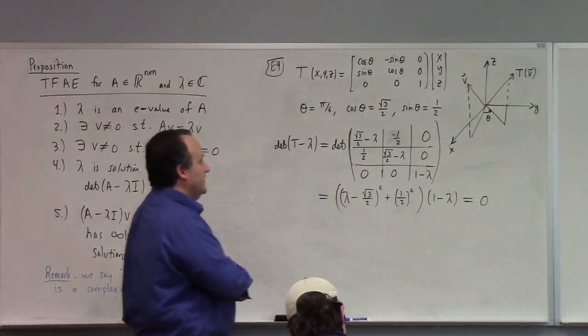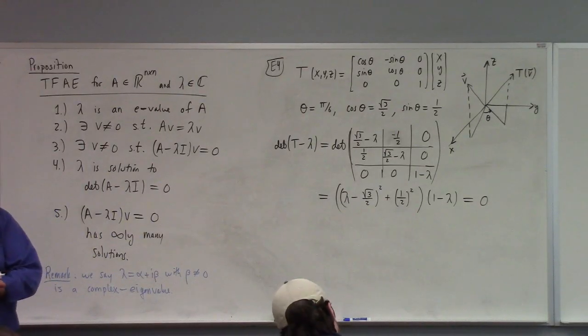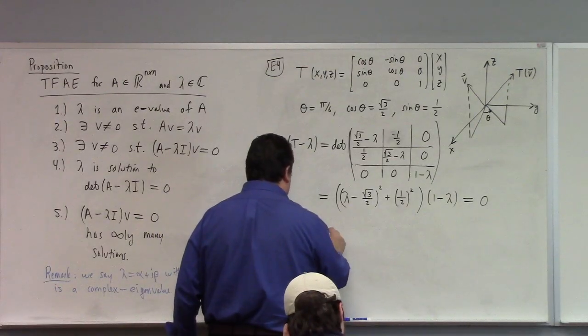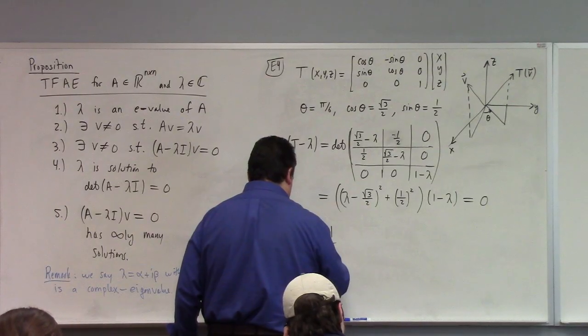So this transformation has one real eigenvalue. The real eigenvalue is what? One, right?